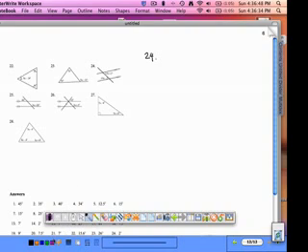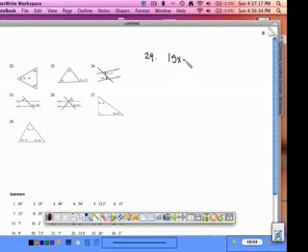Problem 24 once again uses parallel lines. So let's look for the angle relationship involved. These two angles are between the parallel lines and on opposite sides of the transversal. That means that they're alternate interior angles. Alternate interior angles are congruent, so in our equation we need to set them equal to one another.